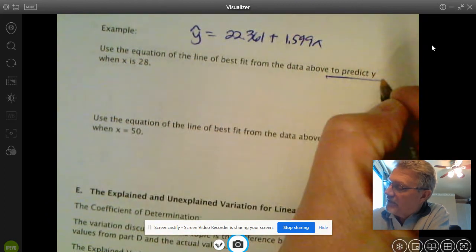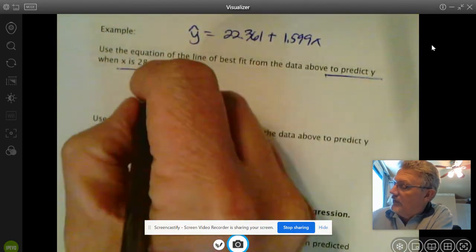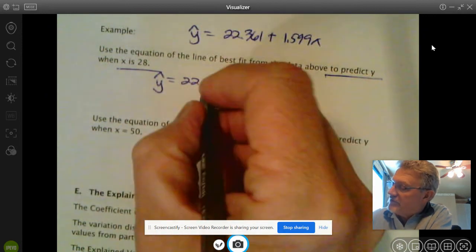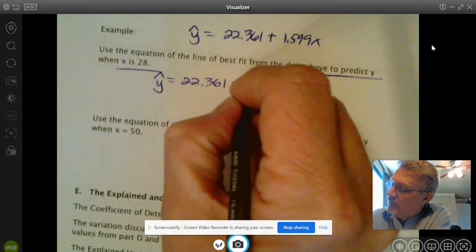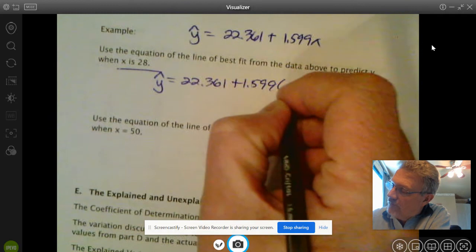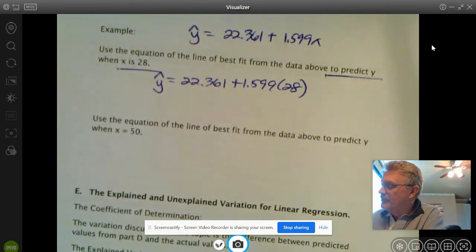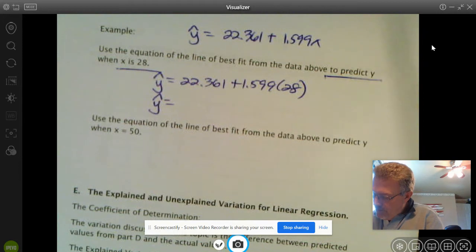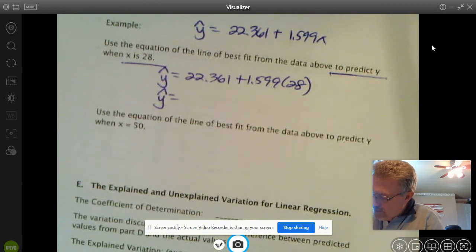We're predicting y when x is 28. So all you do is put 28 in place of the x: 22.361 plus 1.599 times 28.